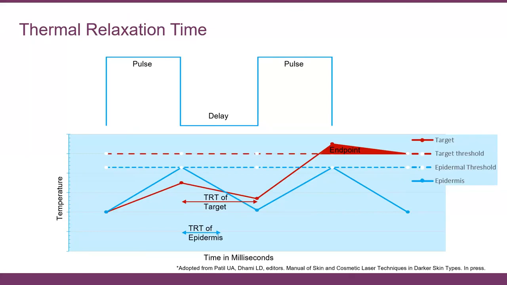And when we fire the second pulse, we get an increase in the temperature of the epidermis back up to that threshold again. However, we still increase the temperature within our target, so our vessel. So we reach that threshold where we actually get destruction or coagulation of that vessel.